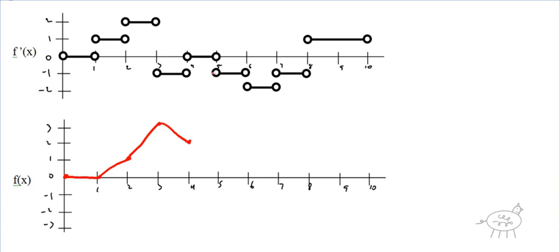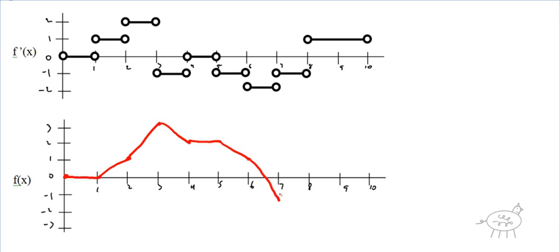And then from 4 to 5, the slope is 0. And from 5 to 6, it's -1, down 1 over 1. From 6 to 7, it's -2, so it's down 2 over 1. From 7 to 8, it's -1, so I'm still going down.